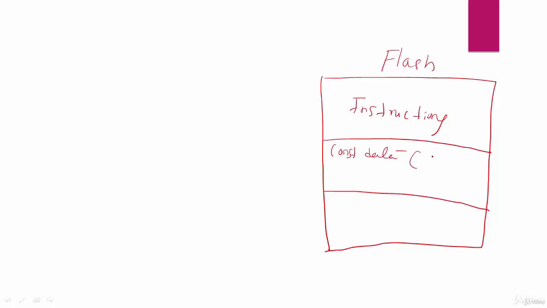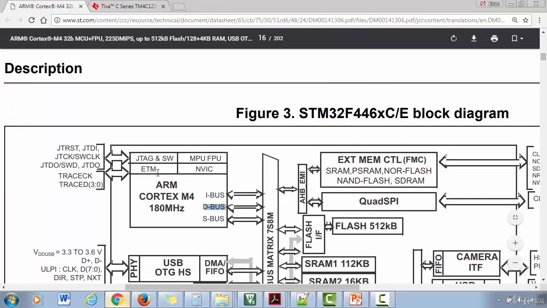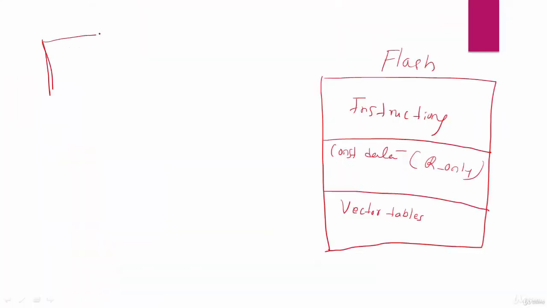This is also called read-only data, and the flash is also used to store the vector tables. Great. Now what this diagram is basically saying is that you have an ARM Cortex-M4 processor, and it gives you the I bus, the D bus, and the S bus.